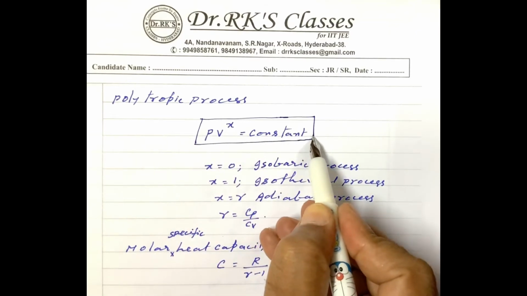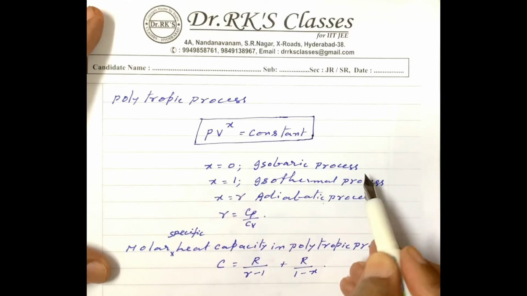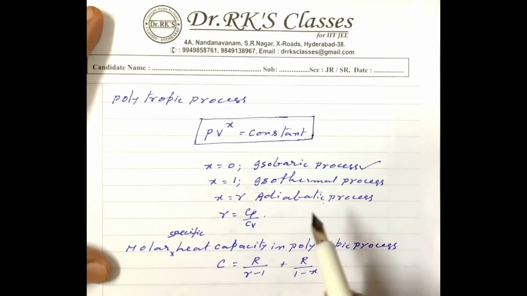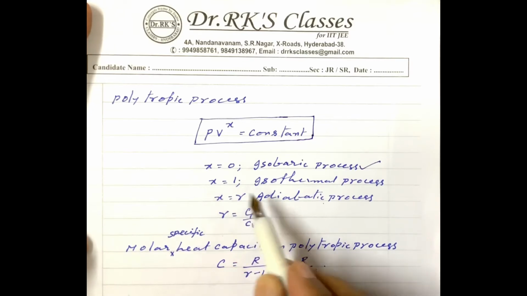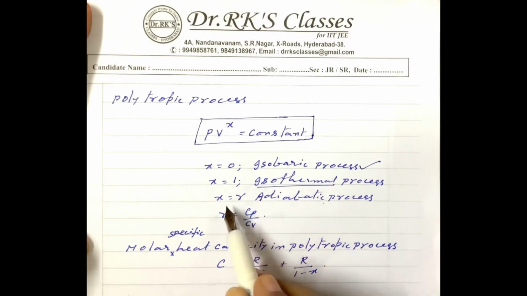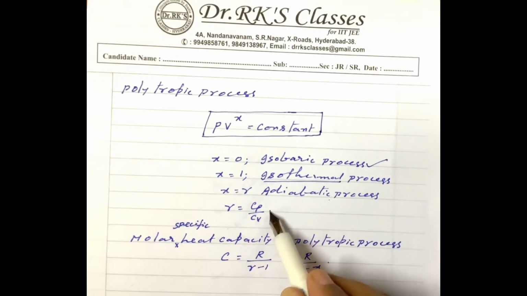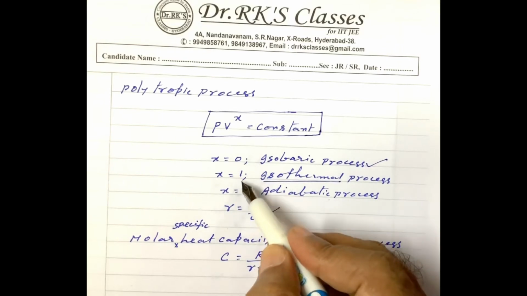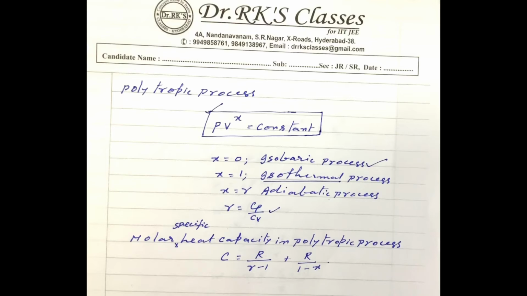Here, if X is equal to 0, pressure is constant, we call this isobaric process. When X is equal to 1, PV is equal to constant, that is Boyle's law, isothermal process. When X is equal to gamma, where gamma is Cp by Cv, it is adiabatic process. So apart from these three, for any value of X, we call it polytropic process.